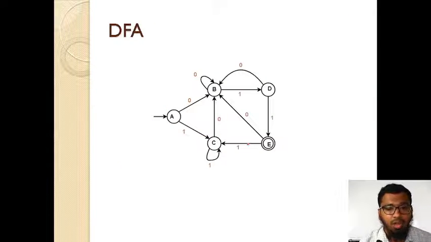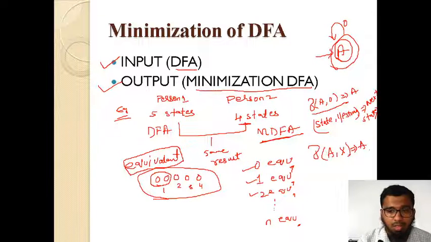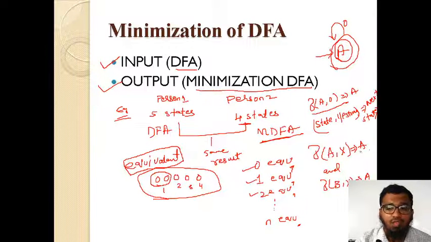I will go to the example. Before that, if delta of a comma x gives the next state as a final state F, and delta of b comma x also gives a final state F, then a and b are equivalent.